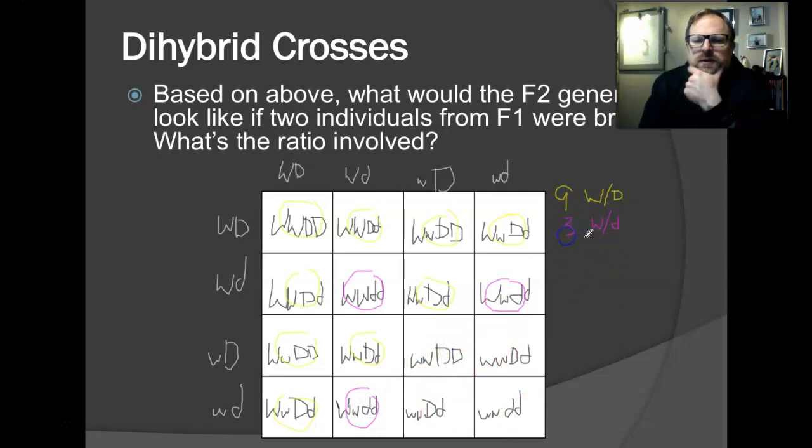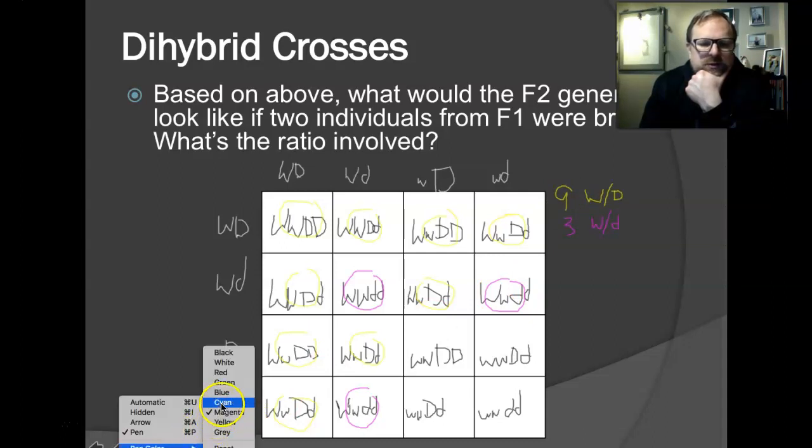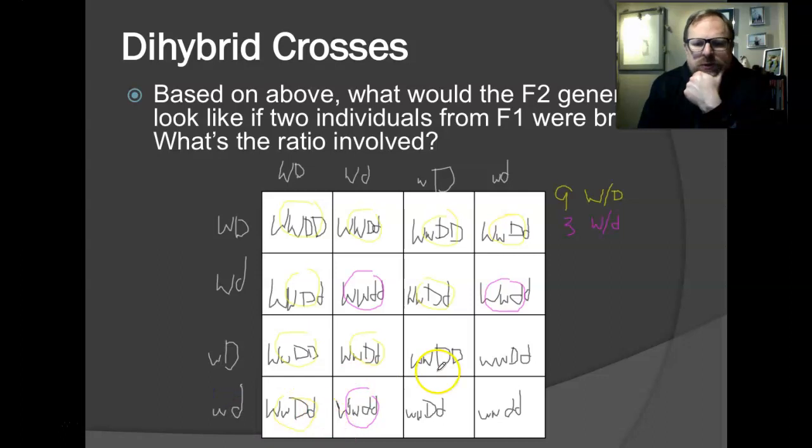So there are 3 individuals that have white sphere shaped fruit. Okay, and then let's do blue. Okay, and blue is going to represent lowercase w, capital D. I hope that shows up well enough for you on the video. So that's going to be 1, 2, 3 individuals right here.